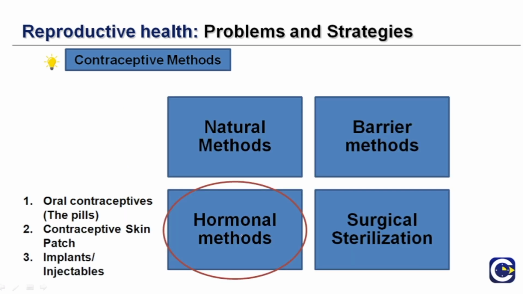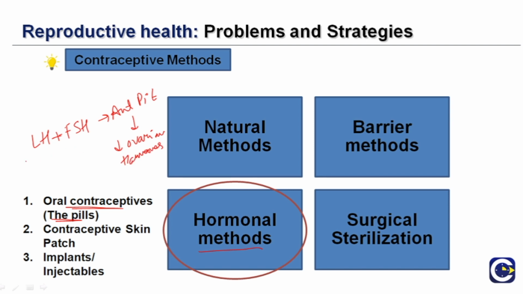Okay, so this brings us towards the end of the discussion of hormonal methods. We saw first the pills or the oral contraceptives that basically target the luteinizing hormone and the follicle stimulating hormone in the anterior pituitary. As a result, there is also suppression of ovarian hormones.